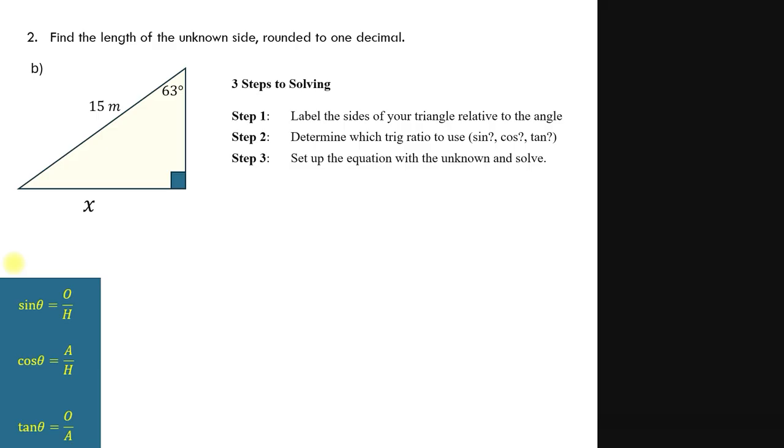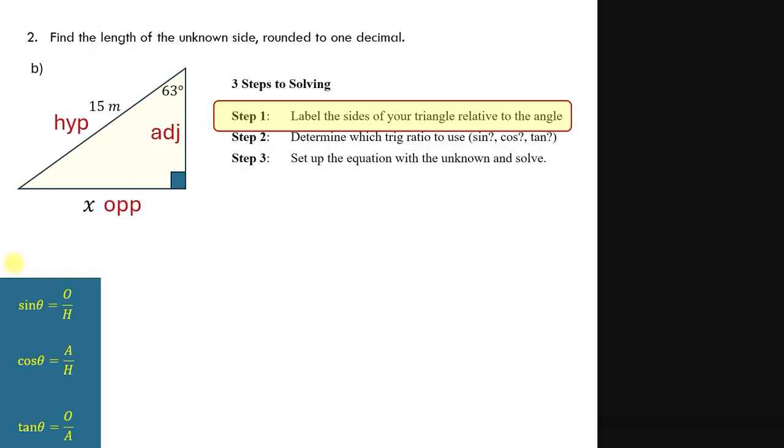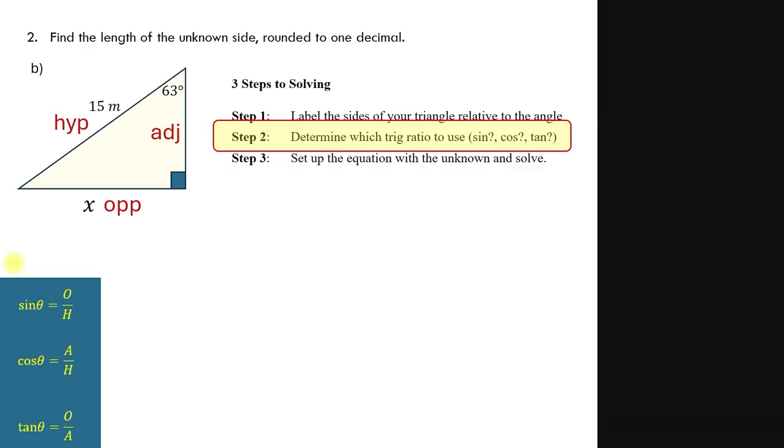Our next question, find the length of the unknown side rounded to 1 decimal. So our reference angle is 63. So relative to that reference angle, here are our labels. Now we need to determine which trig ratio to use, the sine, the cosine, or the tan.